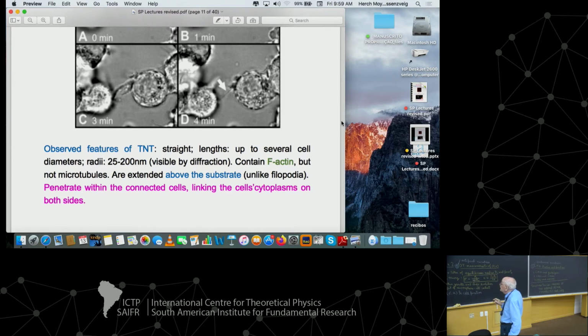And the other observation is that for the cells that are connected, the TNT penetrates within the cells on both sides. So it's linking the cytoplasms of the connected cells. Okay? Is that clear? All right.